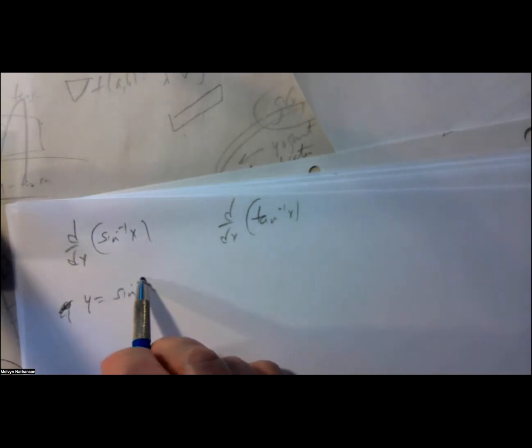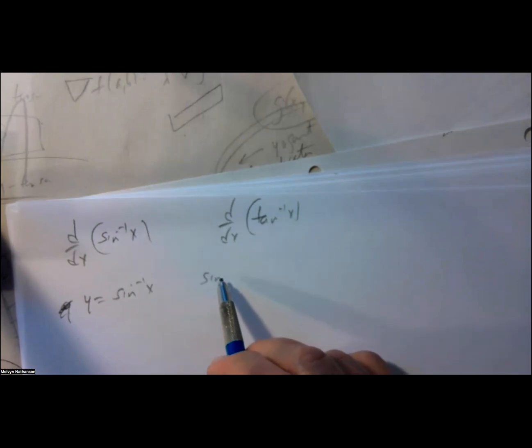The other trig function inverses are done similarly. So what is y equals sine inverse of x? What does this function look like? This is the same as saying the sine of y is equal to x. What is the graph of y equals the inverse sine of x?